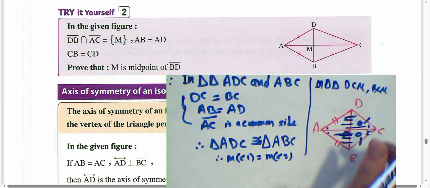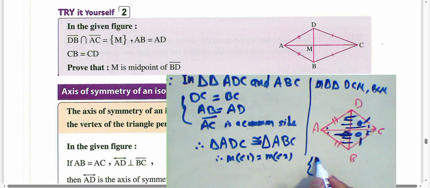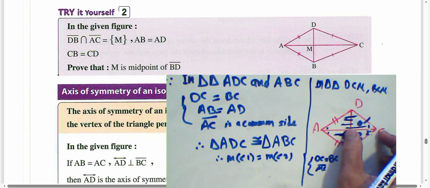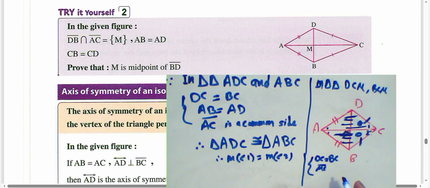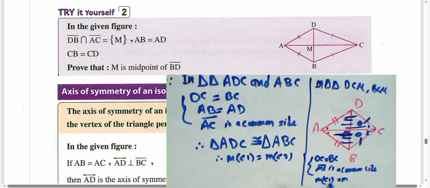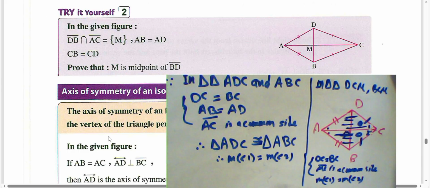In the two triangles here we have DC equal to PC, okay, and MC is a common side. This side length is common between them. And also we have the measure of angle 1 equal to the measure of angle 2.